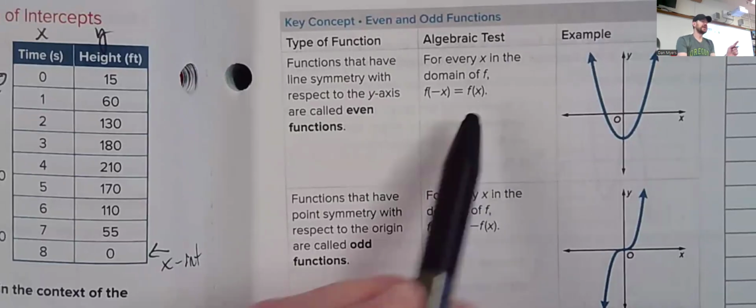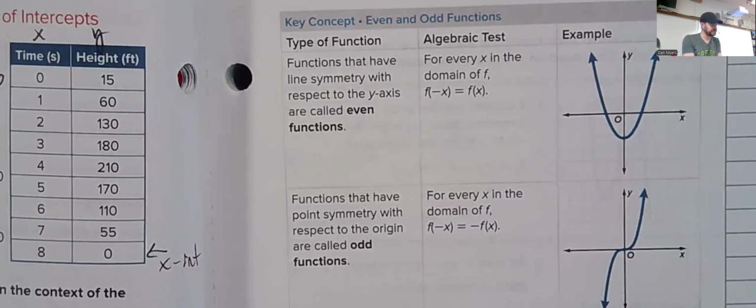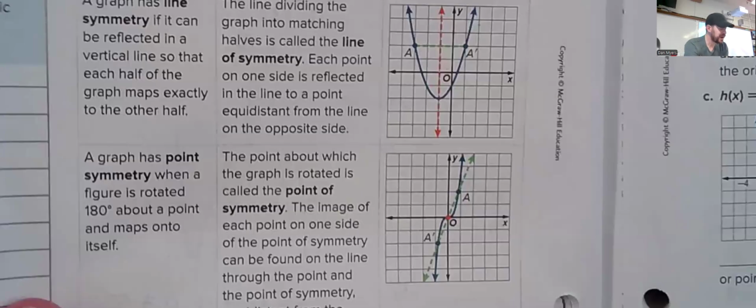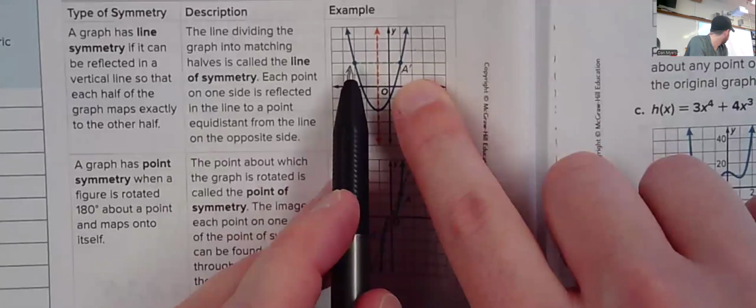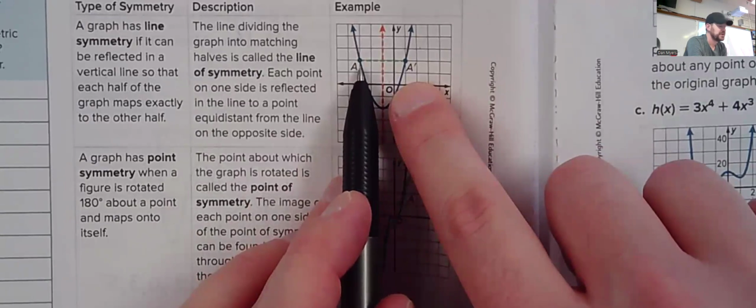So it's saying given opposite x values, you still have the same y value. That's what that means. So right here, given opposite x values around a line of symmetry, the y value is the same.